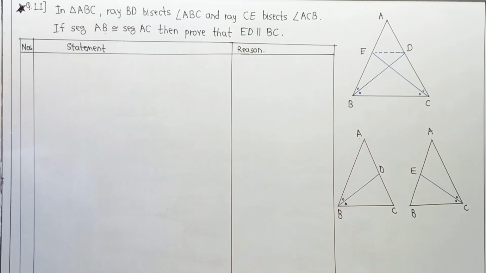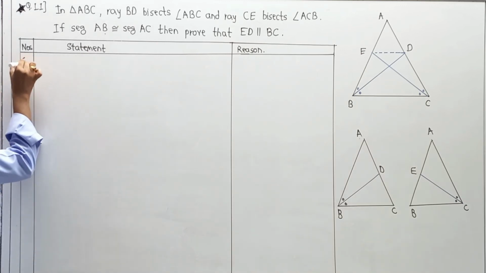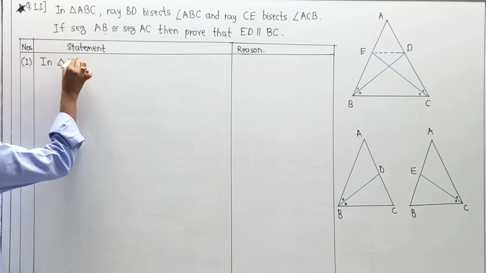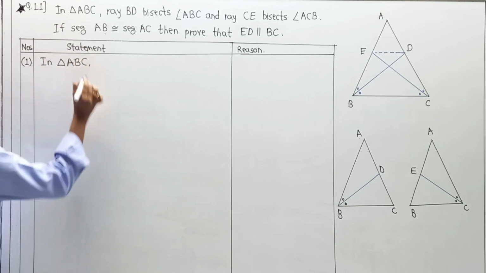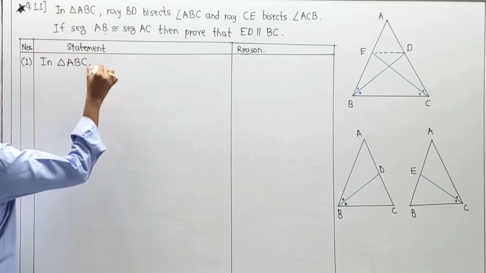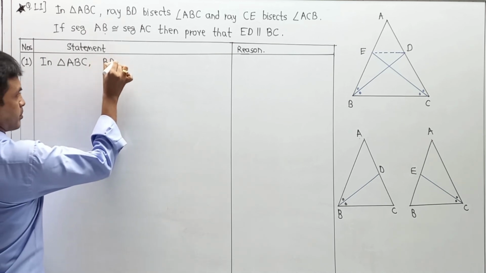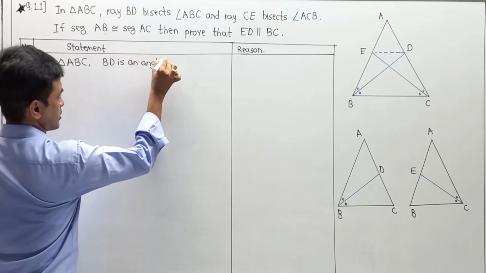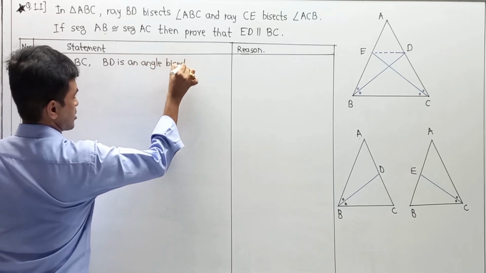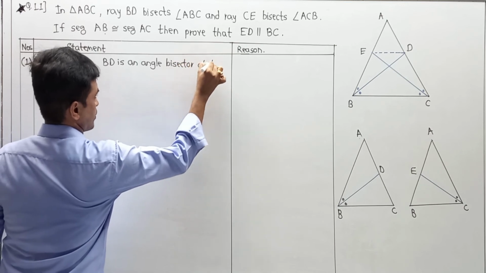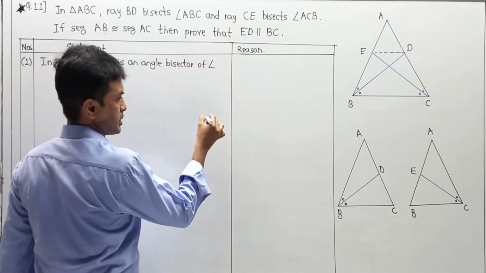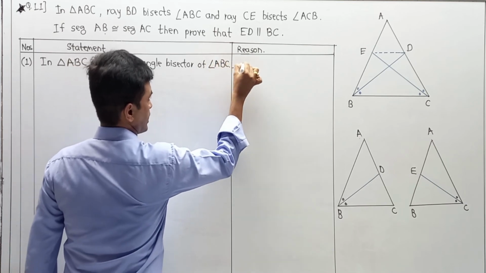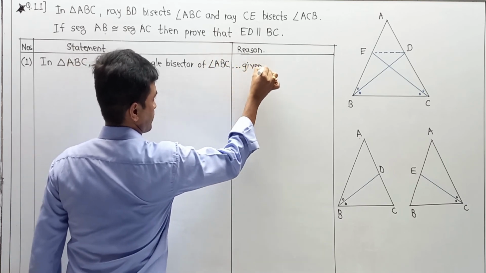And the part is: in triangle ABC, BD is an angle bisector of angle ABC, given, therefore given.